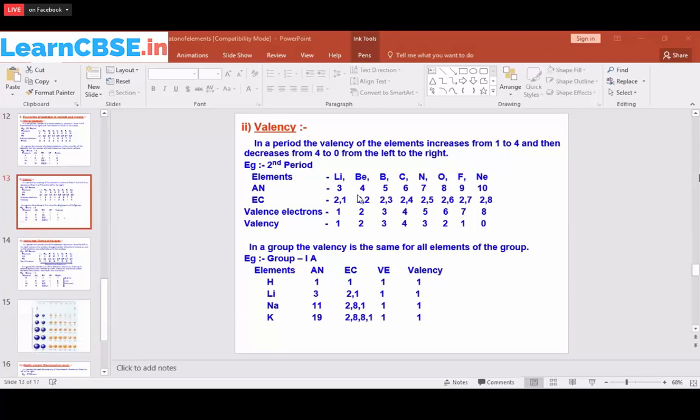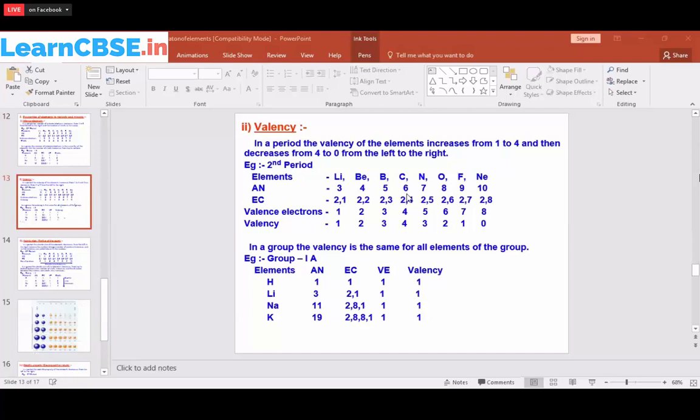So 2, 1. Then beryllium has 4 electrons. Out of the 4, 2 go in the first shell and the remaining 2 occupy the second shell. Then boron has 5 electrons: 2 in the first shell and 3 in the second shell.